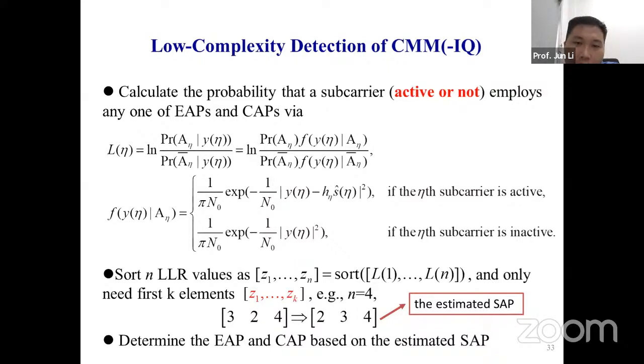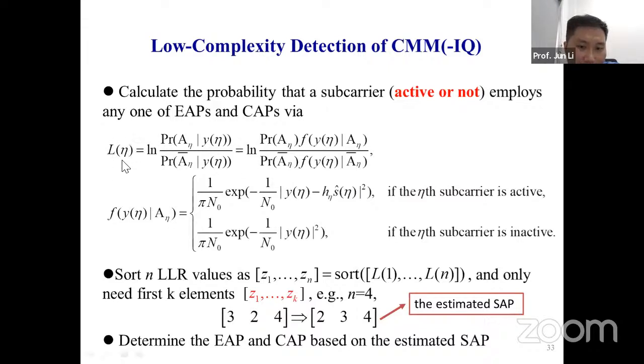So in order to reduce the ML detection complexity, I propose a lower complexity detection using the conventional LLR algorithm. This equation is the LLR value of the composite multiple mode.